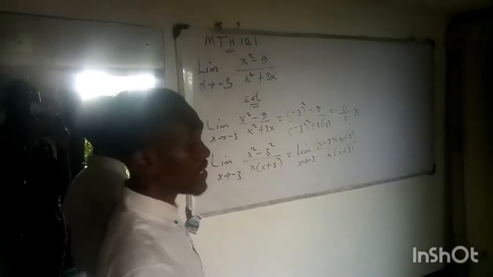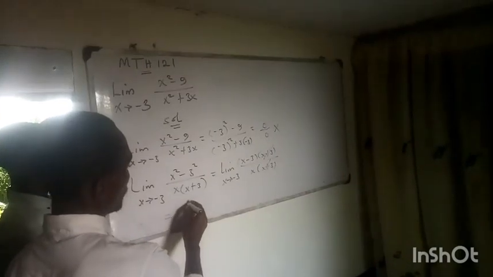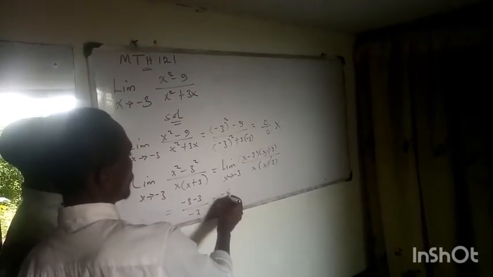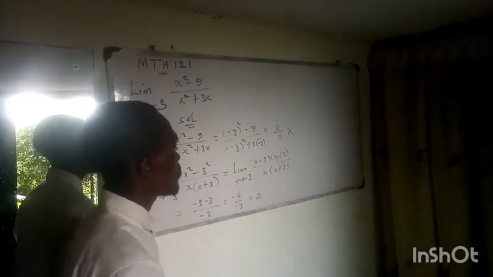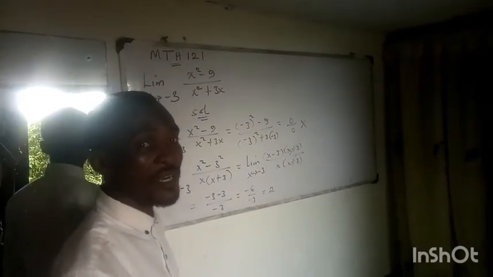So with this, I think you can make your substitution. This becomes minus 3 minus 3, and then minus 3, this minus 6 over minus 3, and I think this should be 2. So that means our function is actually approaching the number 2.